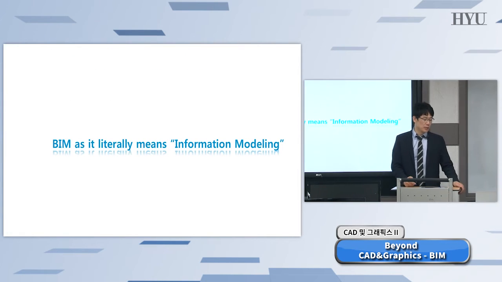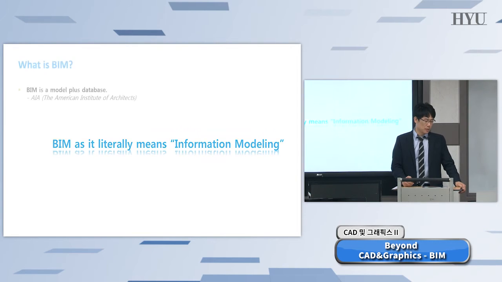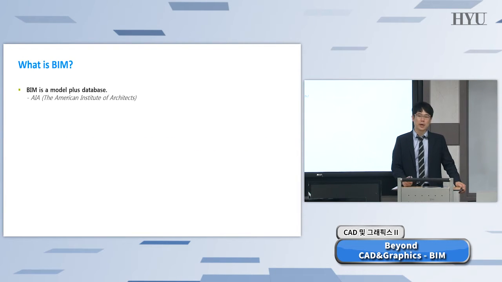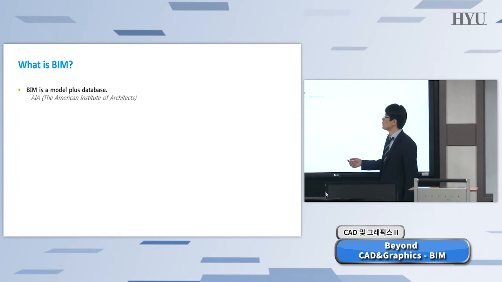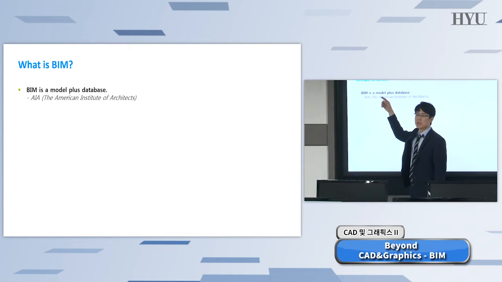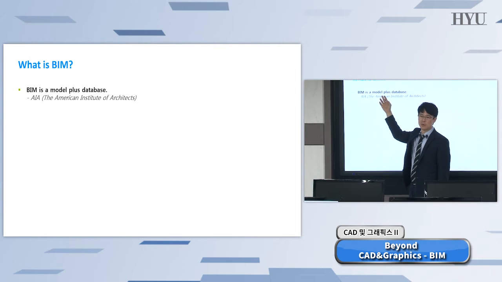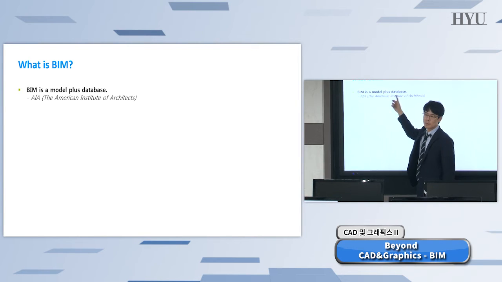BIM, as it literally means, is building information modeling. So let's take a look at some formal definitions, formal descriptions about BIM, okay? BIM is a model plus database. So what is a model? What if you have a SketchUp model, 3D Max model, AutoCAD model? That's going to be the geometric shape of the building, but you have a database.